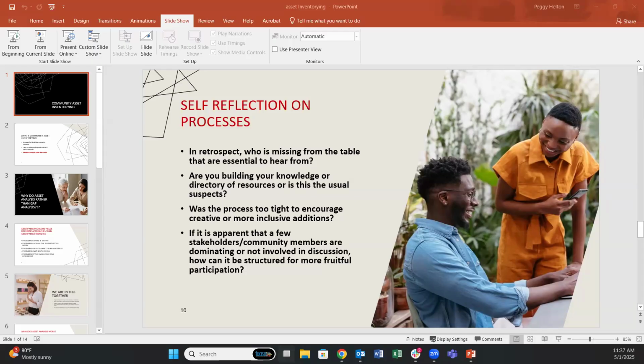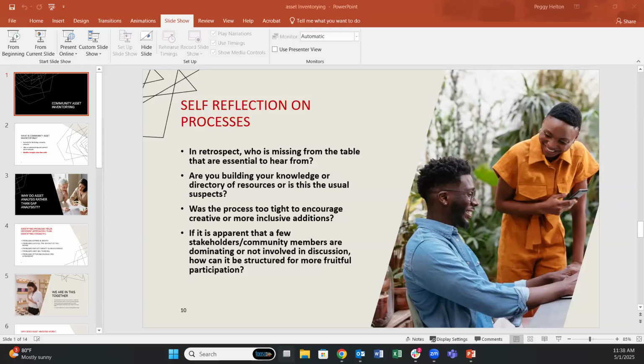Sometimes what's missing determines who's missing. And I know that sounds like double speak, and perhaps it is. But what I'm talking about there is when you're going through this process and you're looking at all these things that your community has, you may still see some gaps.